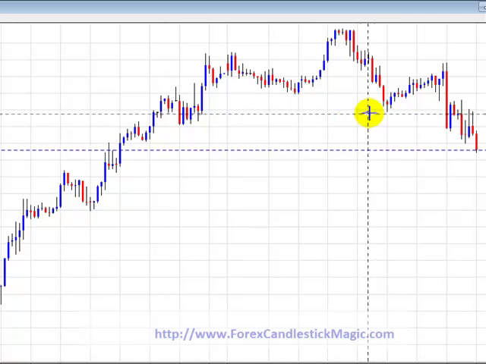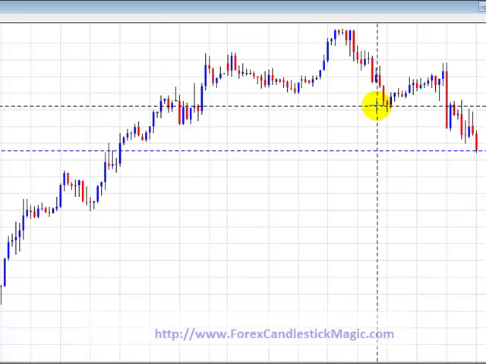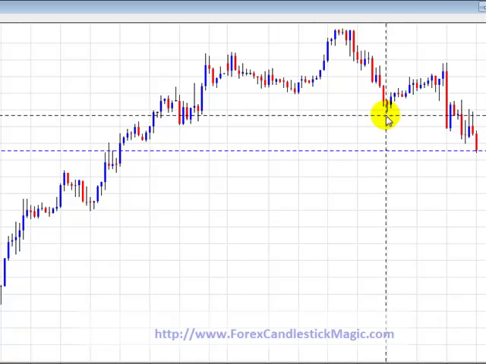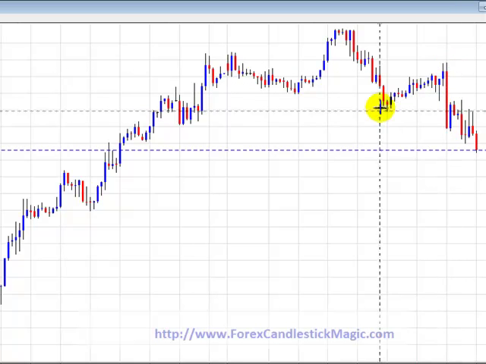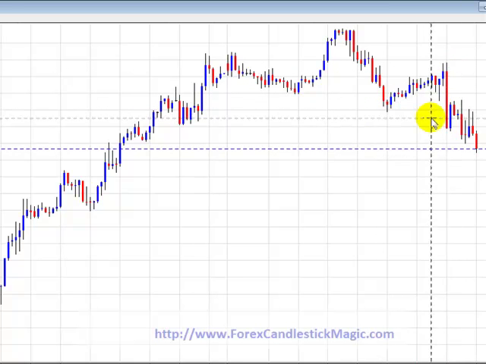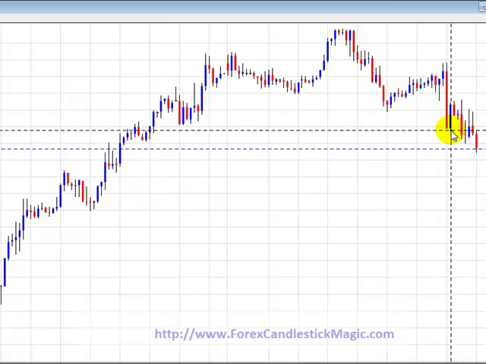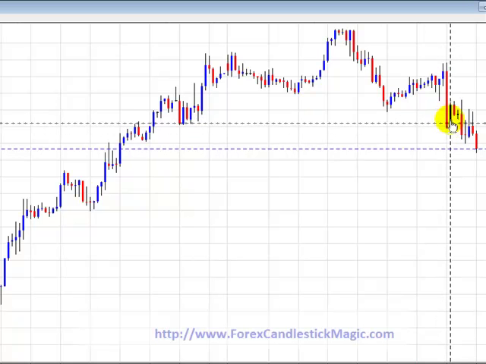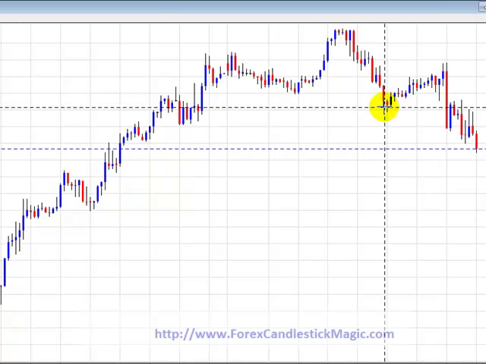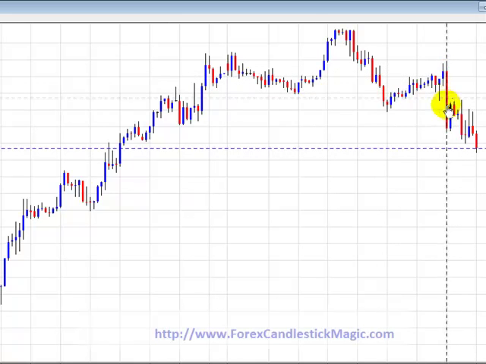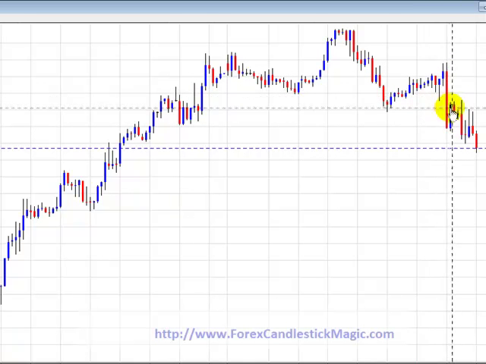What I suggest is that the trade should be placed only after this neckline is broken. For example, if you see here, this particular bar broke this neckline, and then in the next candle it tried to retest this support resistance level. Previously this was a support level, but once this candle broke this level, it became a resistance level.